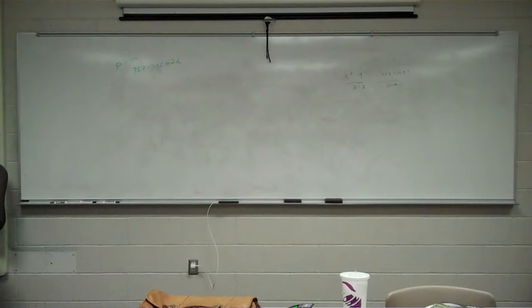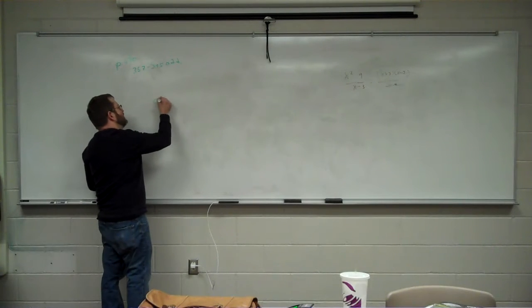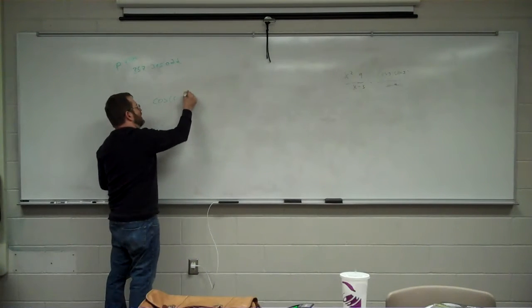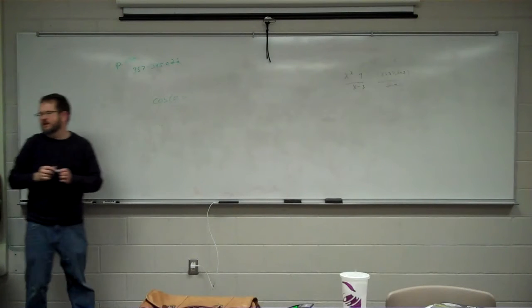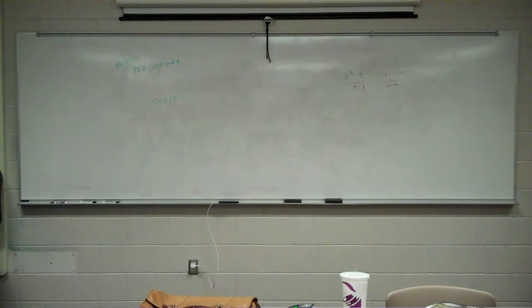Calculate the numerical error in the linear approximations that follow. All right, so 63. You're trying to find the cosine of 0.01. All right, and this is that linear approximation stuff.